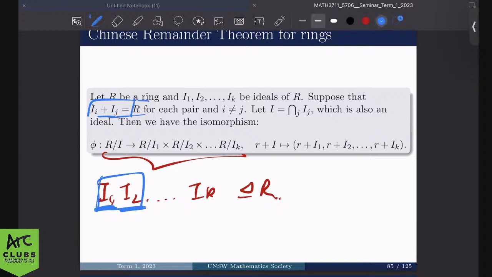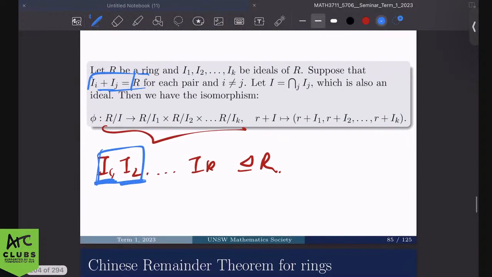And what we do is we take the intersection of the ideals, and it turns out that the quotient ring over the intersection is equivalent to the product of the quotient rings over the individual ideals, right?